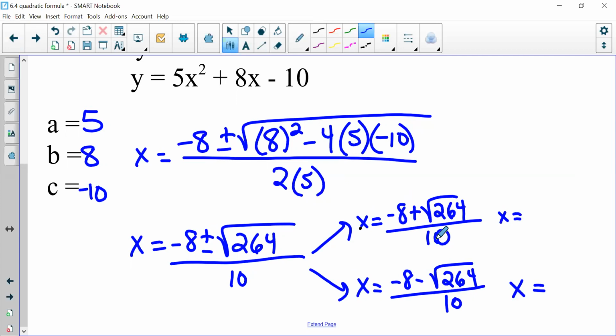What are you getting for the plus? 0.82. Good.